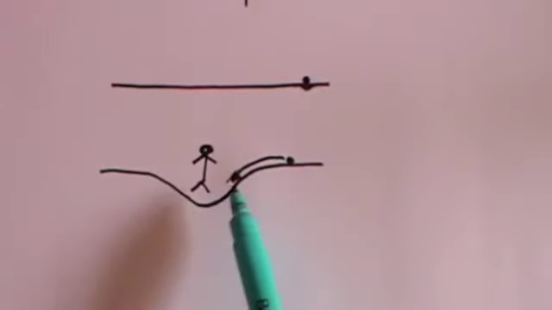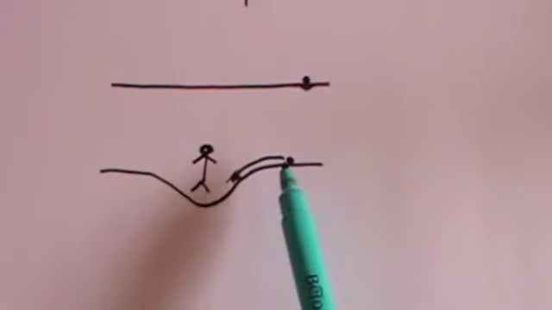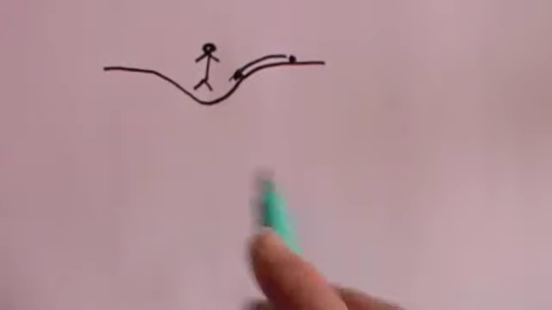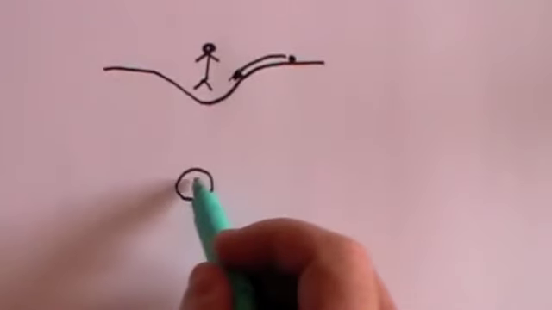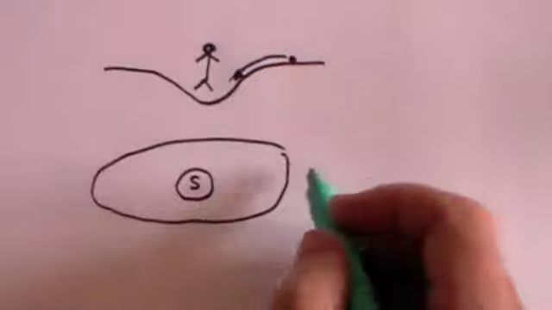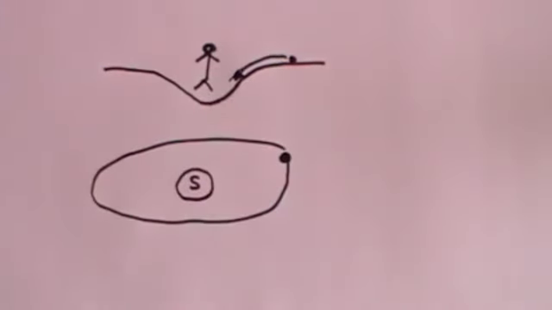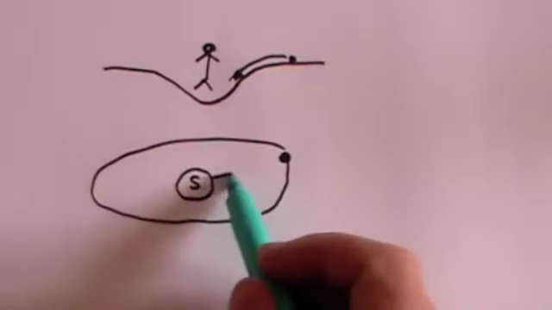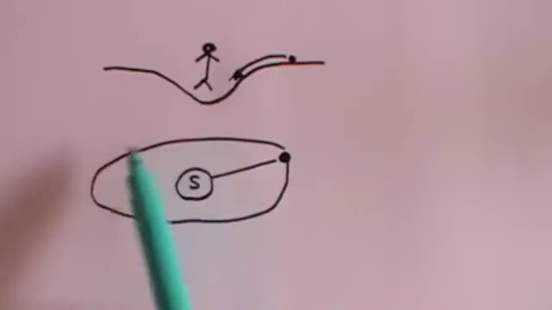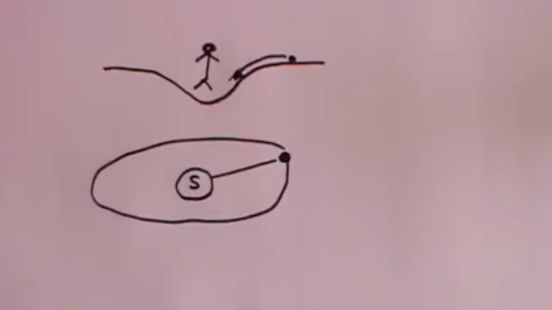Einstein, on the other hand, says, no, what is happening is the marble is moving along the shortest path in curved space-time. So that when the Earth goes round the Sun, there's the Sun, and here's the Earth in a reasonable circular orbit going around the Sun, Newton says that there's a gravitational force between the Sun and the Earth which provides the centripetal force that keeps the Earth in orbit.